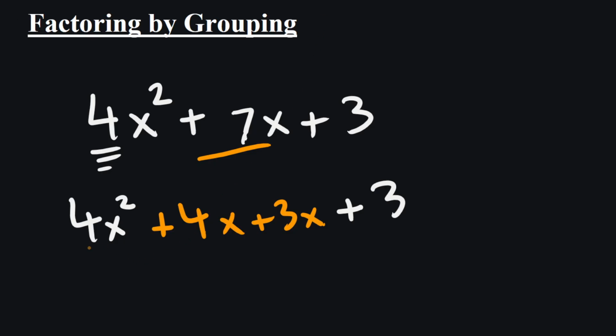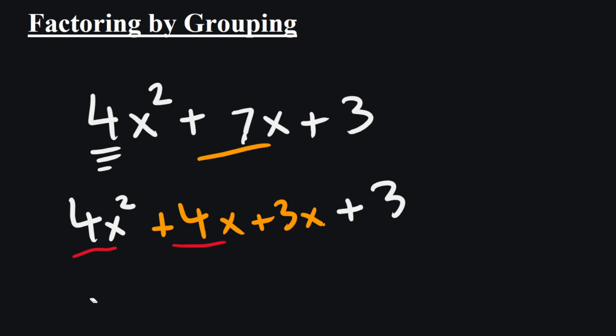Now we can factor out a 4 from the first term and the second term. And not only could we factor out the 4, but we can also factor out 4x, because if you look at these first two terms, they have a greatest common factor of 4x. 4x can be factored out of both terms.